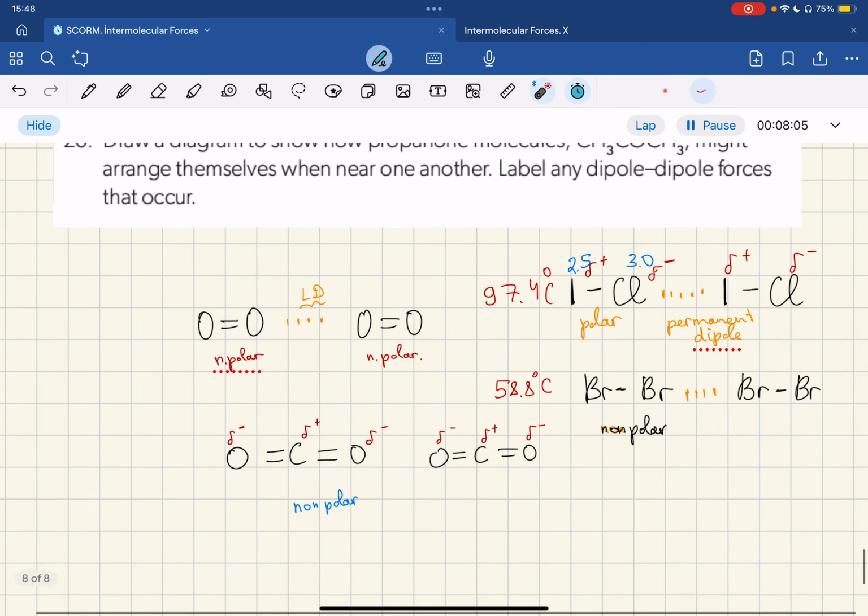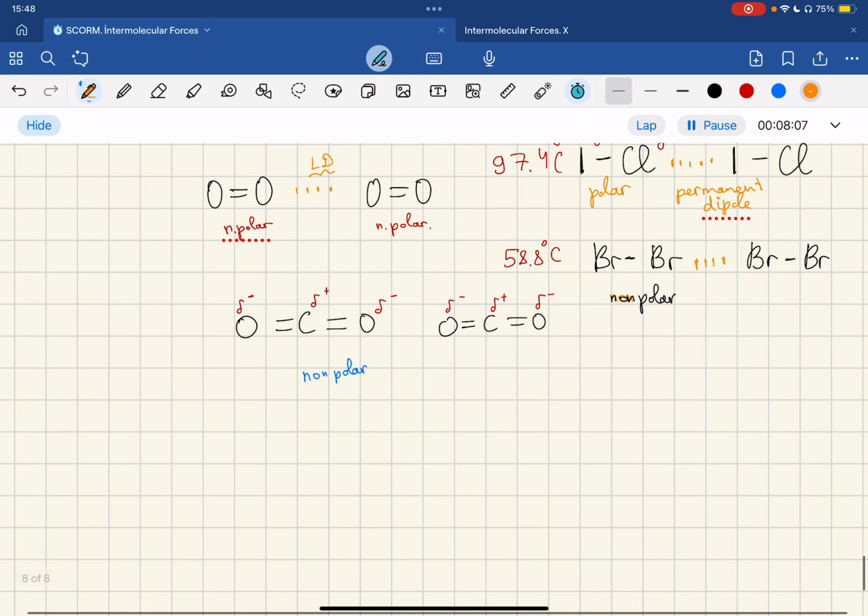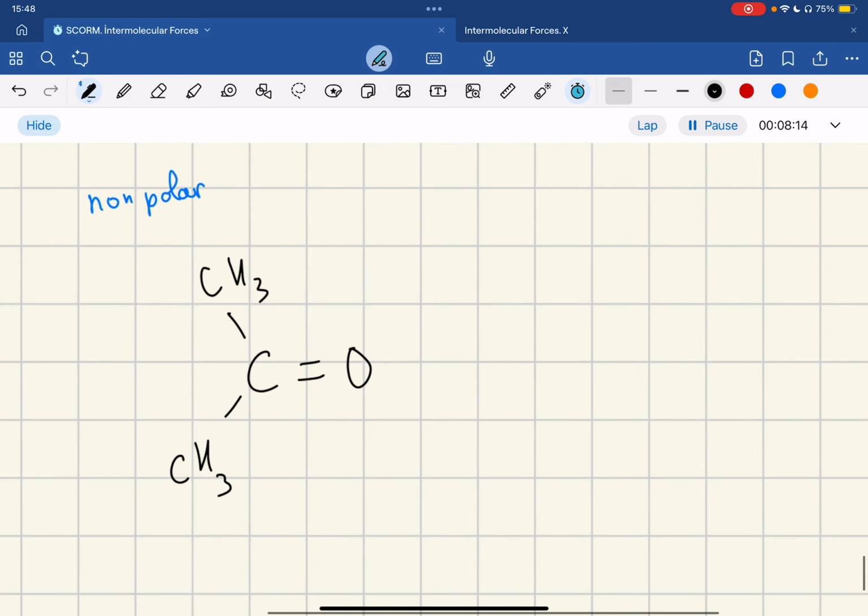Let's quickly do number 3, CH3COCH3. I'm going to draw it like that, CH3 and CH3. Overall, we have in here partial negative and partial positive, because oxygen is more electronegative. And let me draw an adjacent propanone molecule, CH3, double bond oxygen.